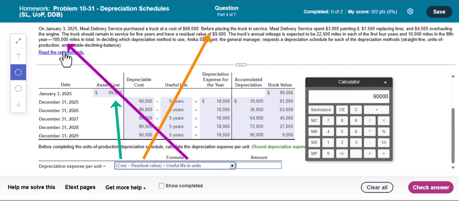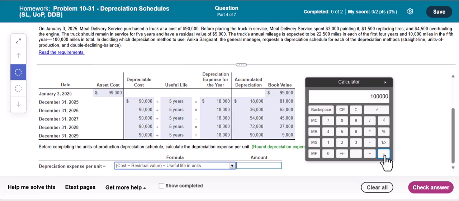And that amount is given to us here, 100,000 miles in total. So we'll go ahead and divide this 90,000 by 100,000 to get the units, and that is 0.9. So for every mile driven, the truck depreciates by 90 cents in value. Let's go ahead and check our answer.